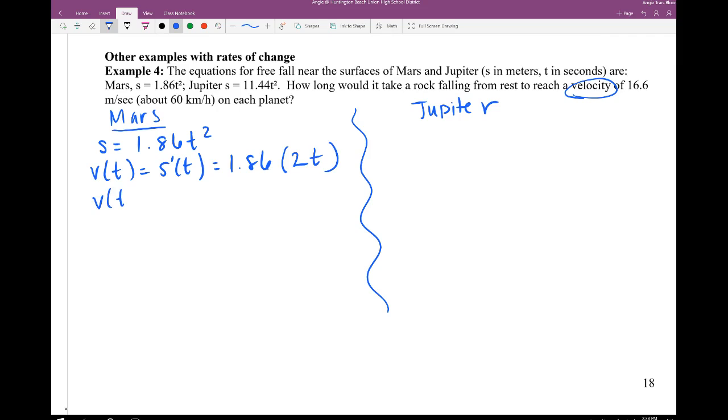So V of t is going to give me what? 1.86 times 2, I believe, is 3.72 t. And it said, well, how long is it going to take for it to reach 16.6 meters per second? I'm already in meters per second.